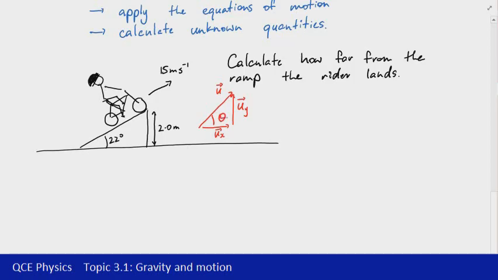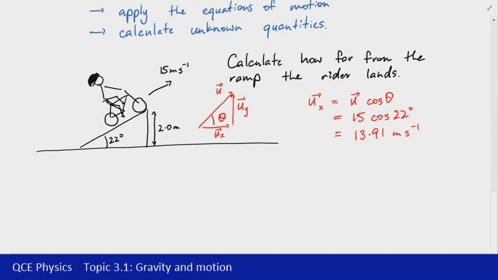And so we would have here that ux again is going to be equal to u cos theta, and if we substitute into that, we'd have 15 cos 22 degrees, and that gives us a velocity of 13.91 meters per second.